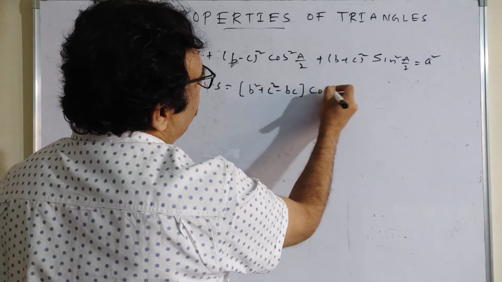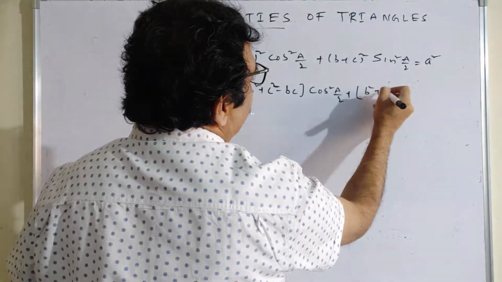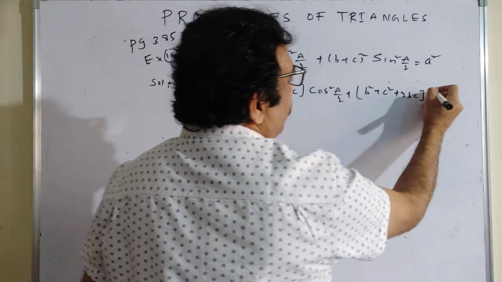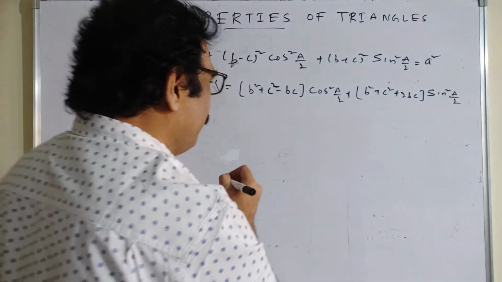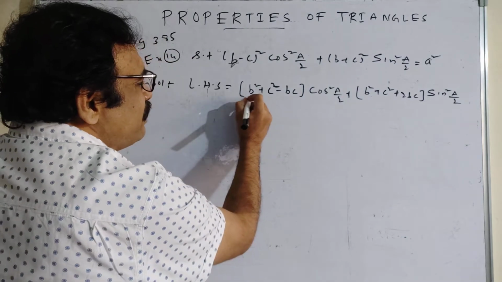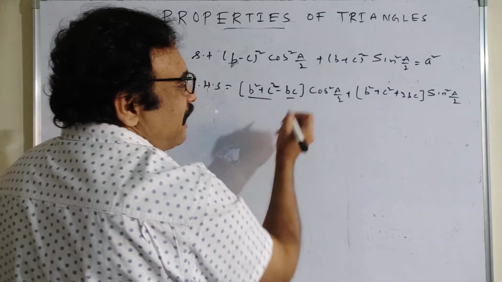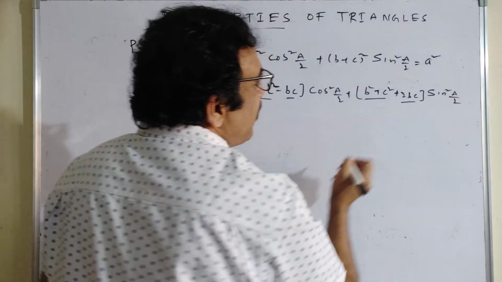You are multiplying with cos square A by 2, and this is going to be B square plus C square plus 2BC. I am multiplying this with sine square A by 2. Now, I'll assume B square plus C square as one unit and 2BC as second unit.